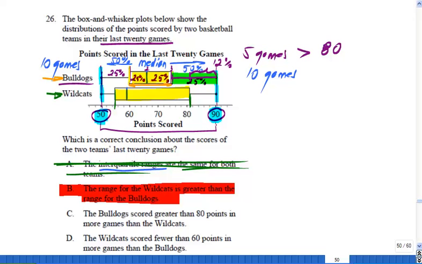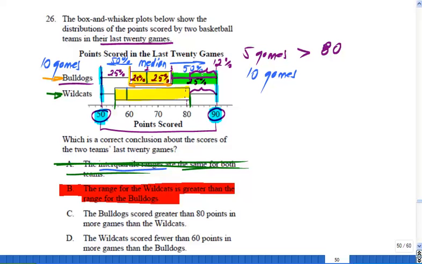I'm looking now at my Wildcats. The 80 is right here, which tells me that the Wildcats scored 80 or above in more than 5 games, right? More than 5 games were here in my Bulldogs, and I was wrong.